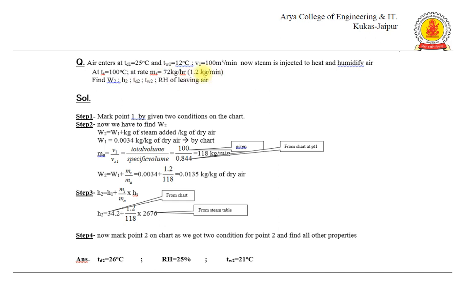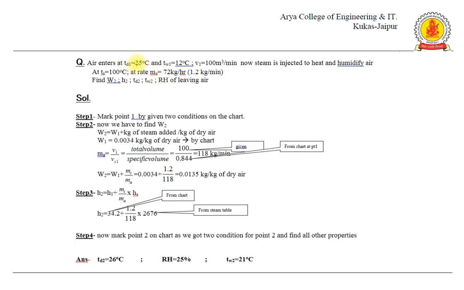We have divided it by 60. So we have to find W2, H2, TD2, TW2 and RH of leaving air. So in this example I am showing you the way to solve the numerical.